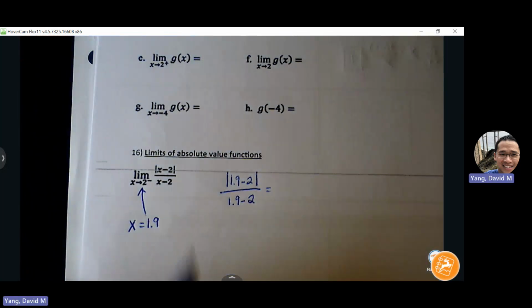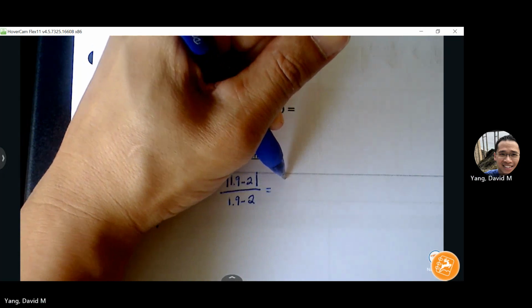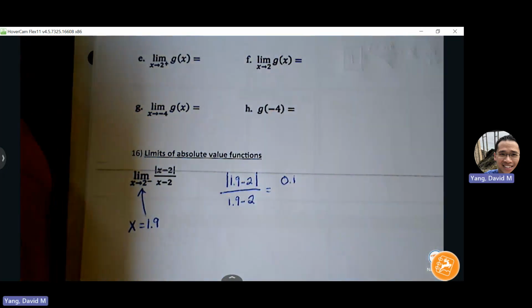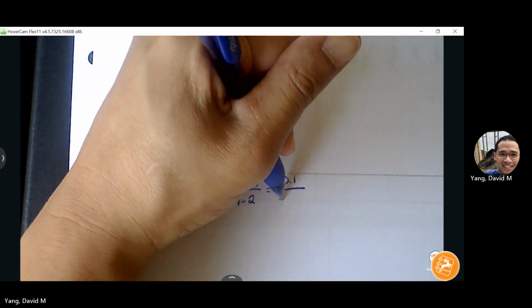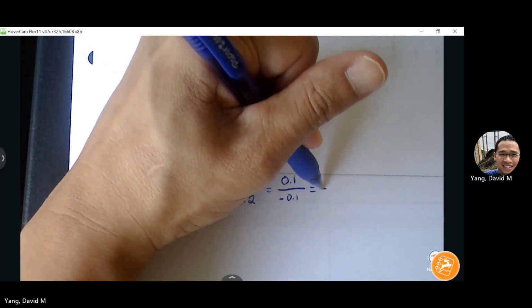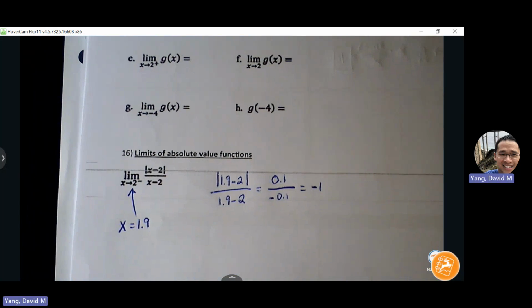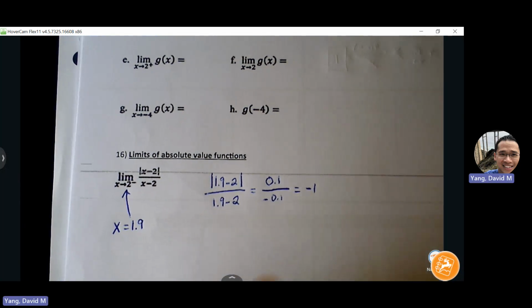Absolute value of 1.9 minus 2, what is that going to give me? Yeah, 0.1, right? Normally it's negative 0.1, but that absolute value is going to force that negative to be positive. The denominator is going to give me negative 0.1, and that's equal to what? -1. All right, so that is going to be the one-sided limit as x approaches 2 from the left.